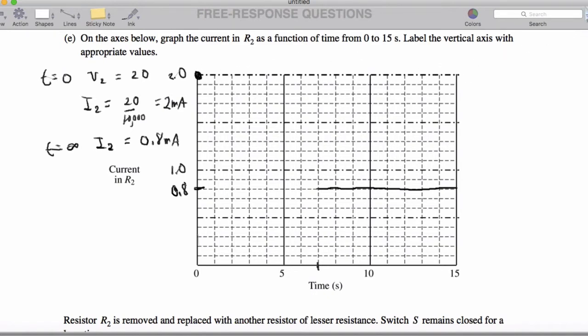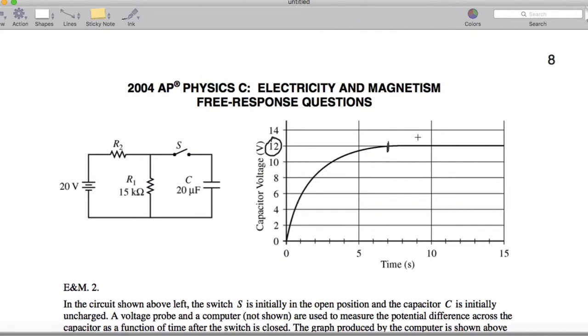And let's see how the capacitor mimics this. Now we can use a couple points on the capacitor to guide our current graph. Here we have a capacitor voltage at about 1 second. We've got about 6 volts on the capacitor. So that means we've got 6 volts across this resistor.